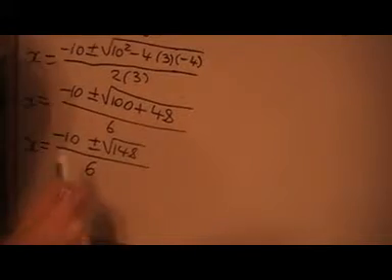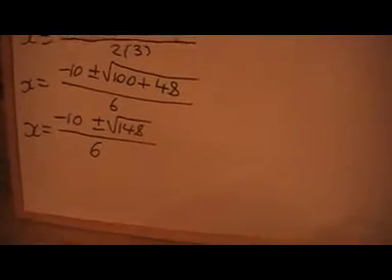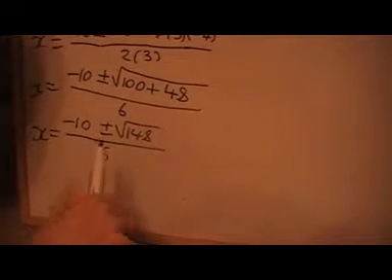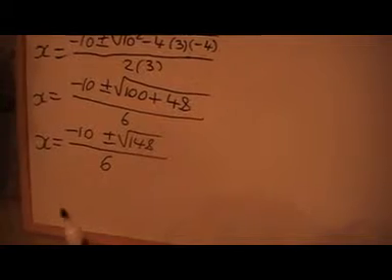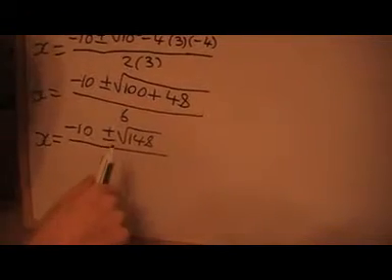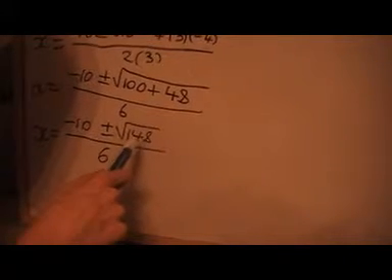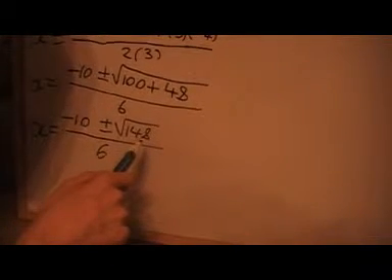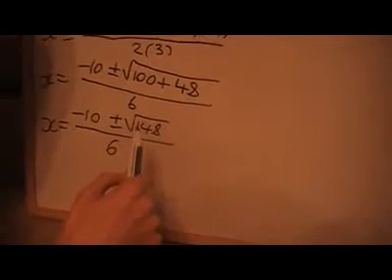So now we've simplified all of this, and now we'll see if we can simplify this square root bit here. We should be able to. I think the square root of 4 goes in there.